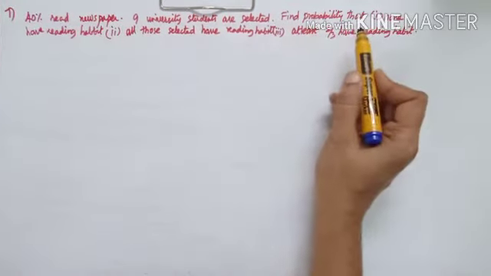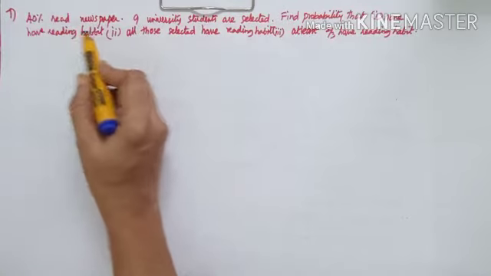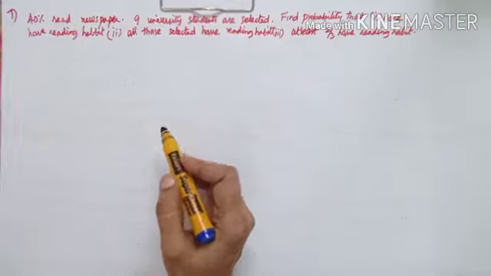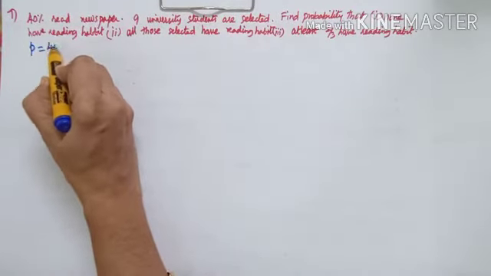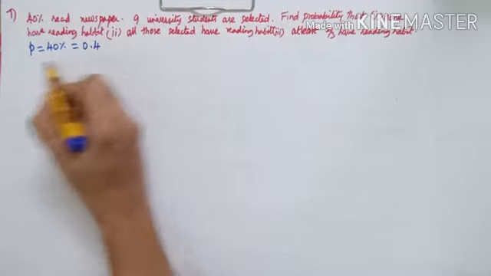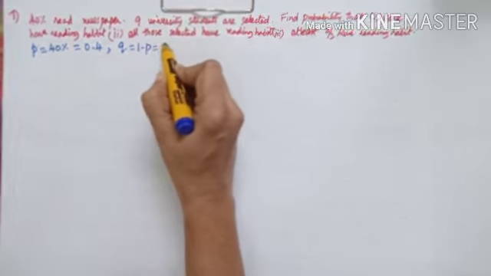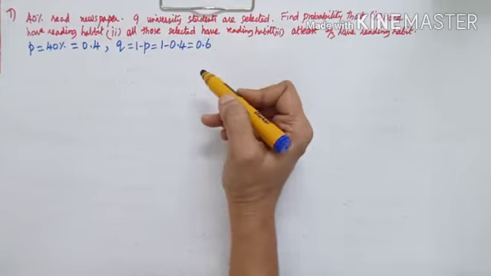As I read the problem, the very first line tells me 40% have the reading habit. This problem is about reading habit. So we will say P equals 40% or 0.4. Immediately I can say Q is 1 minus P, which is 1 minus 0.4, that is 0.6.